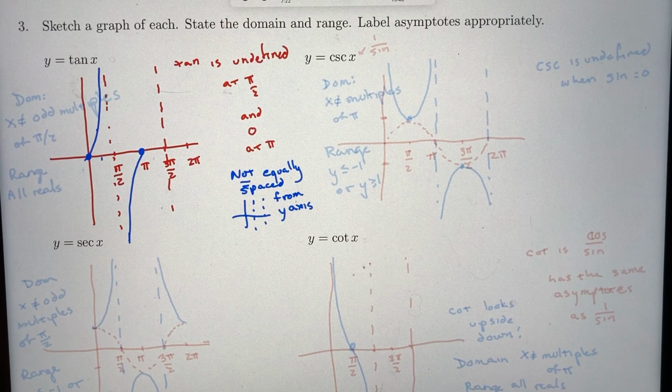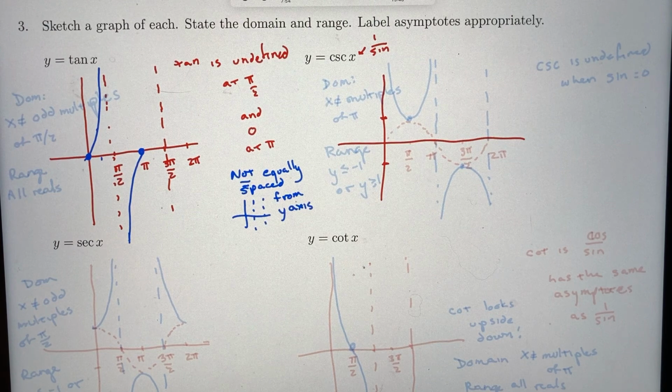I will continue on. Cosecant, what I'm going to do is 1 over sine. I'm going to graph sine first. And I'm going to make it a little less tall. 1 over a number close to 0 is really tall.